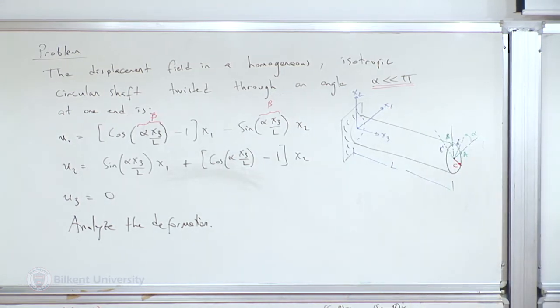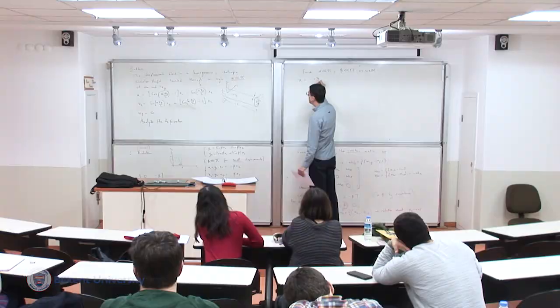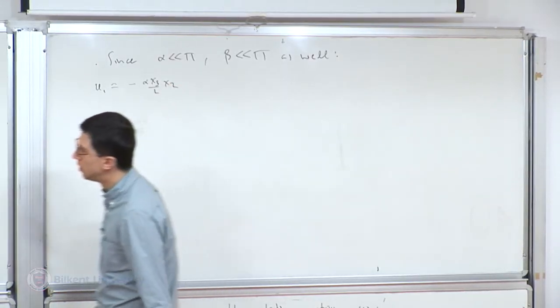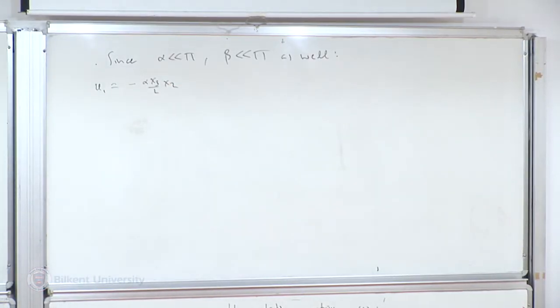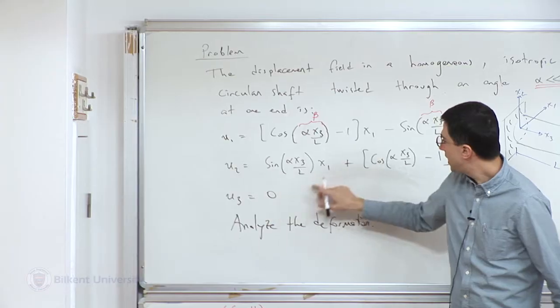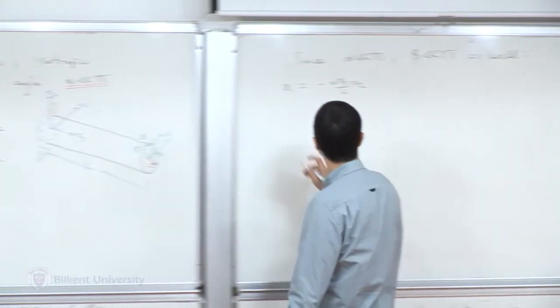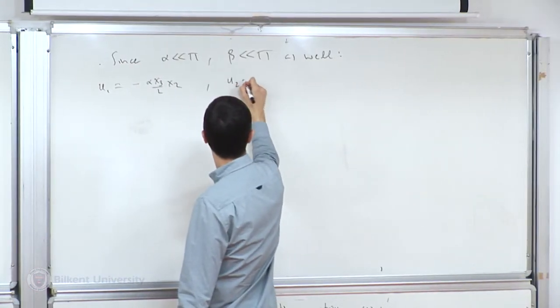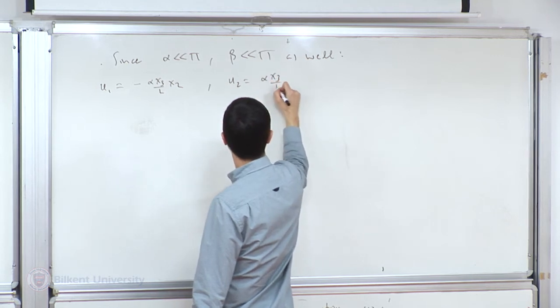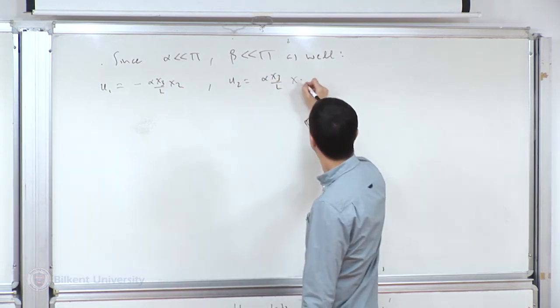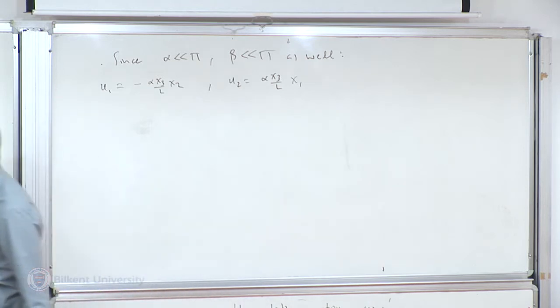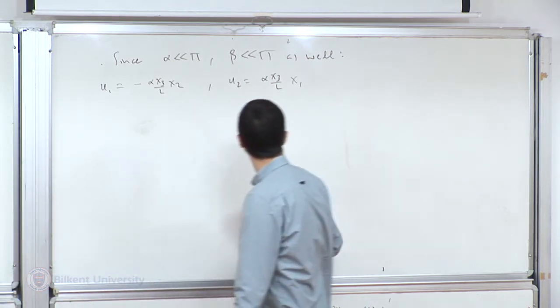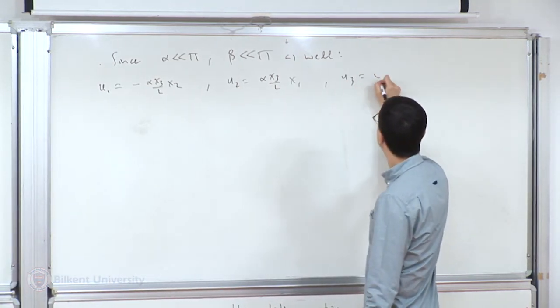So minus alpha x3 over L x2. And if I look at U2, this is approximately beta, alpha x3 over L x1. And the second one, because this is approximately 1, it vanishes. Okay. And U3 is equal to 0.